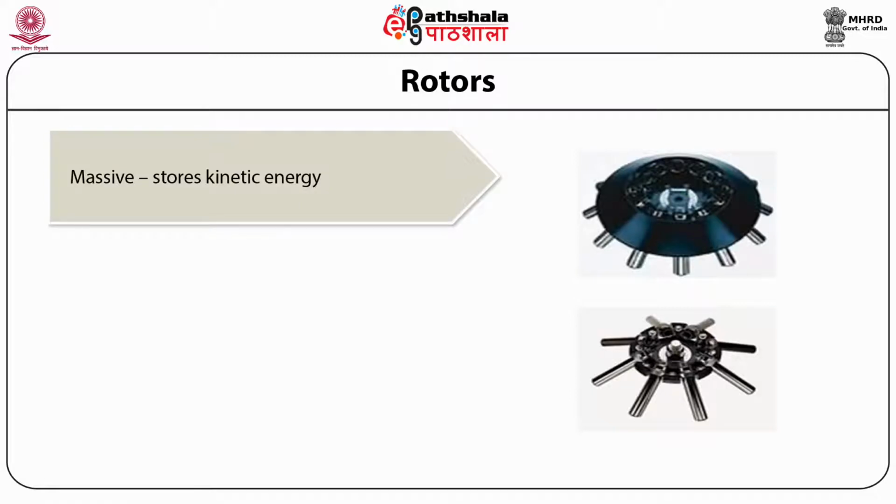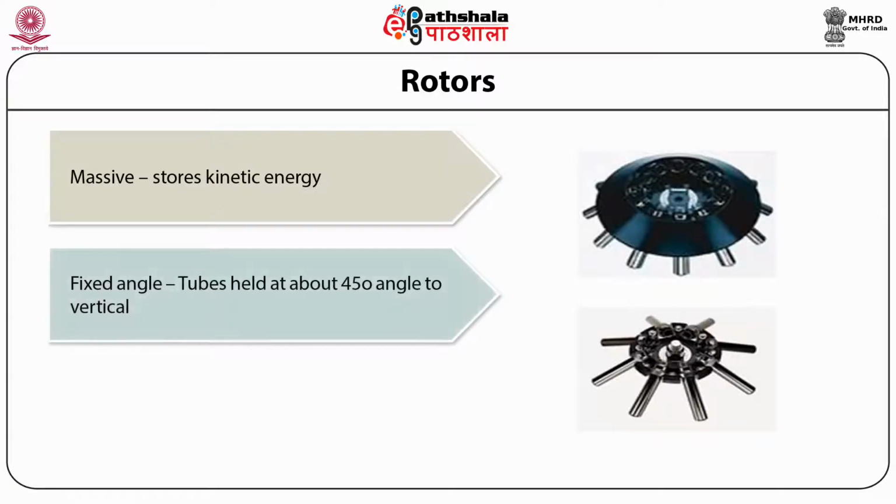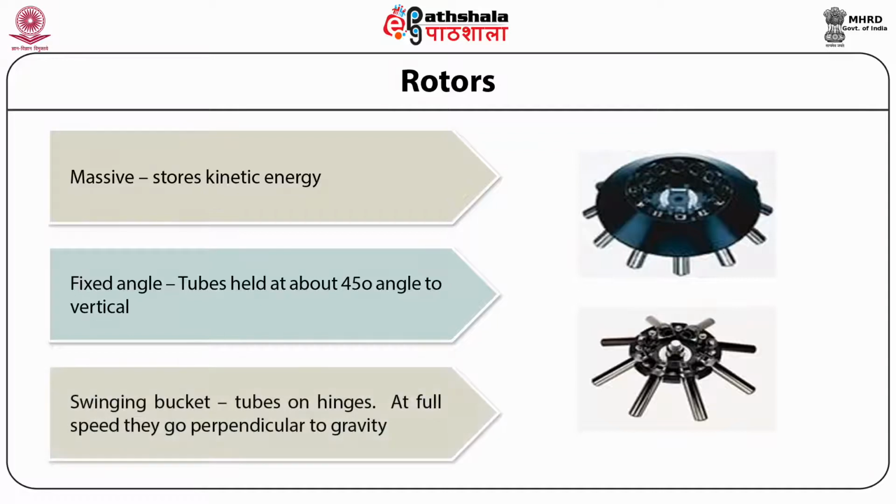It comes in two forms: a fixed angle rotor, in which the tubes are held at about a 45 degree angle to the vertical, and the swinging bucket rotor, with tubes on hinges that at full speed lie perpendicular to gravity. The type of rotor one uses is determined by the circumstances of the experiment and the sample, with limitations for some particular types. Most rotors have openings to place sample tubes of a specific size and volume.